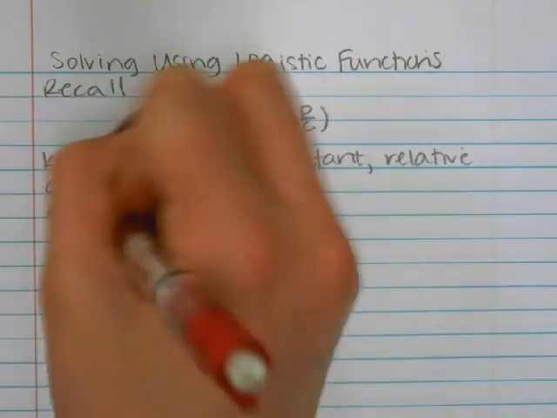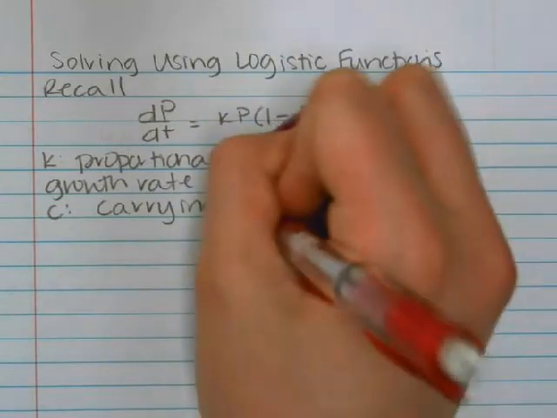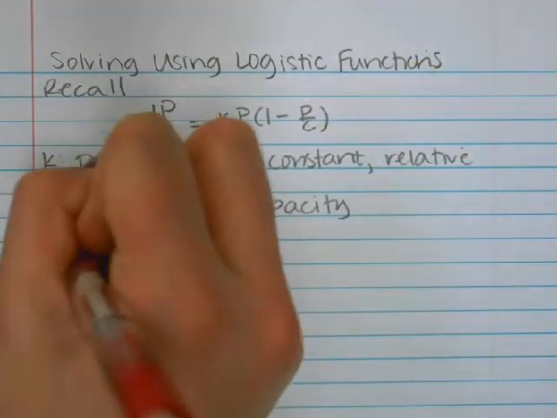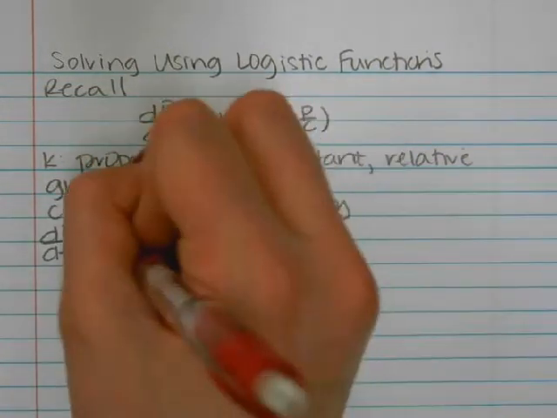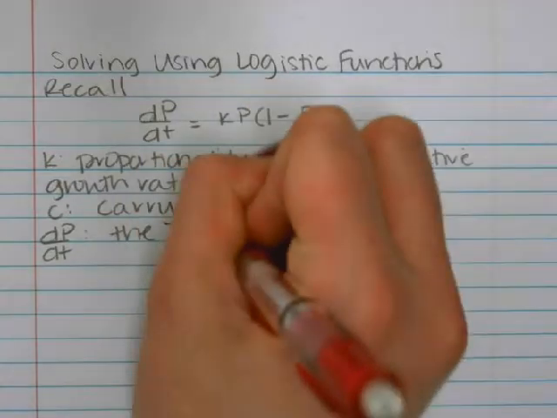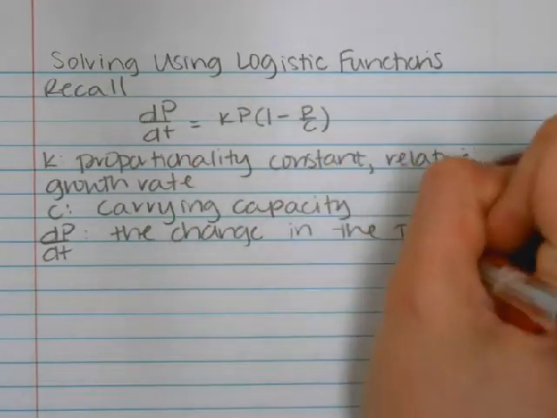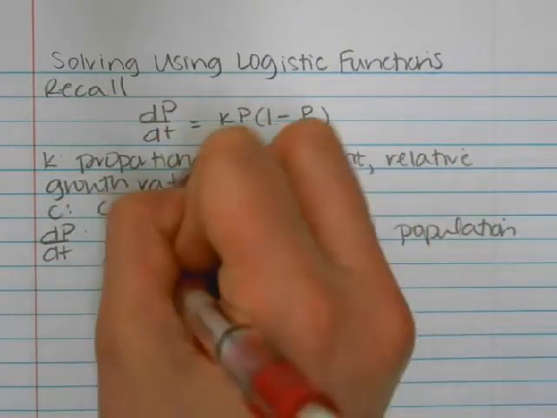I know that C is the carrying capacity. And I know that the derivative dP/dt really means the change in the population as time changes.